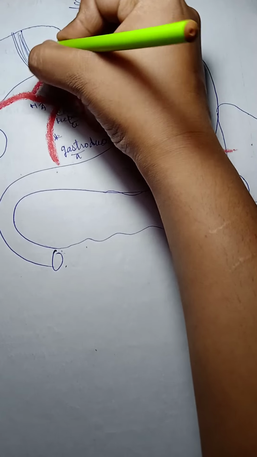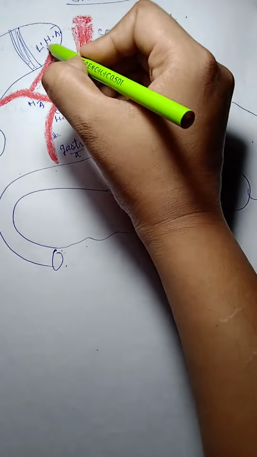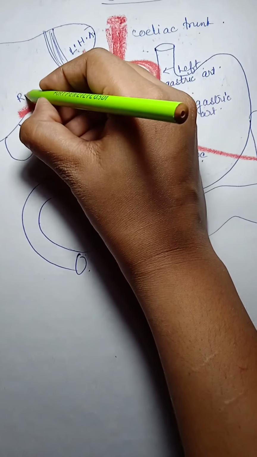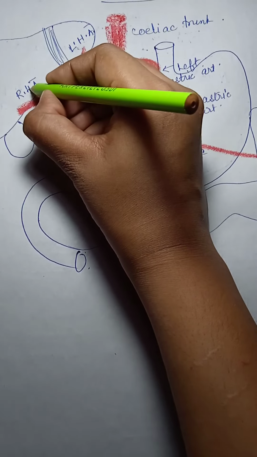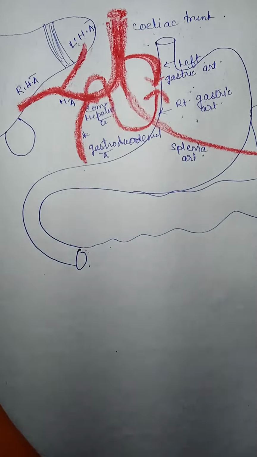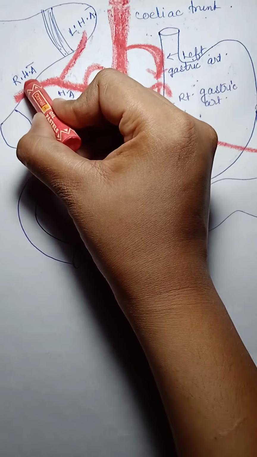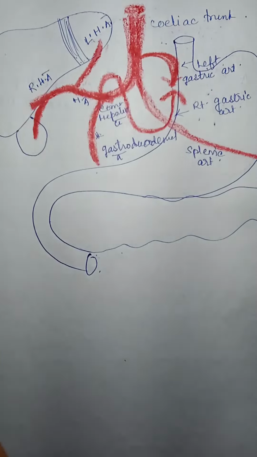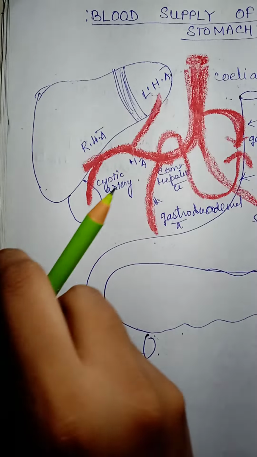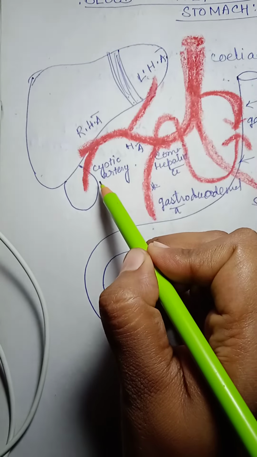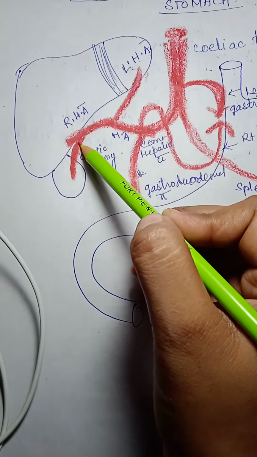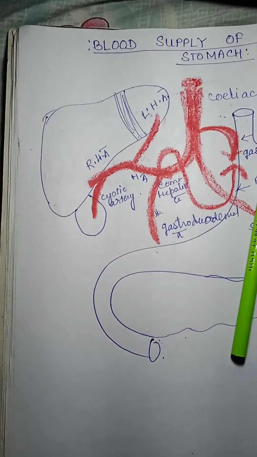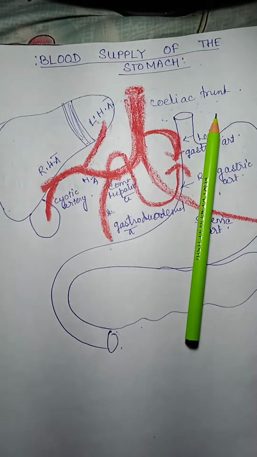I'm just writing them in short form, LH for the left hepatic artery. One more branch that arises from the right hepatic artery is the cystic artery.